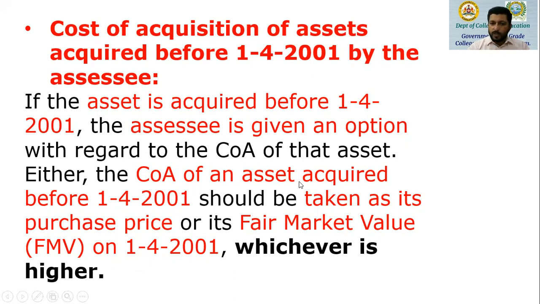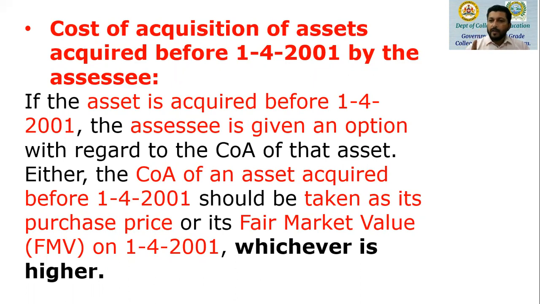Either the purchase price, whatever cost is incurred, or the fair market value, FMV, as on 1st April 2001. Among the two numbers, whichever is higher, because if the assessee takes a higher amount, he can claim a higher amount as deduction, reducing the capital gain and thereby reducing the tax amount as well.